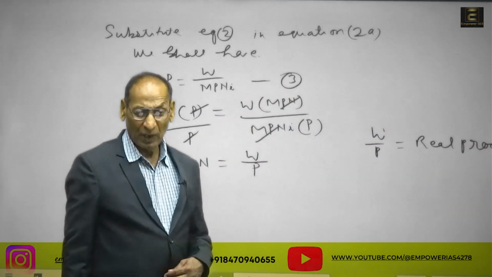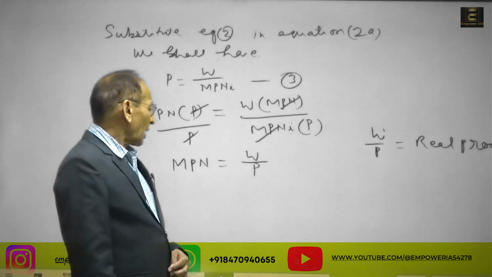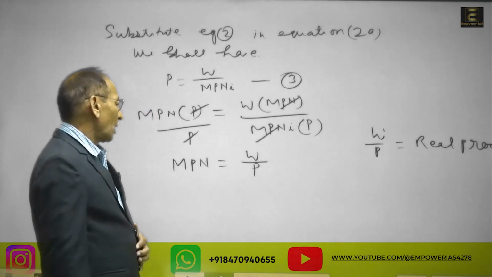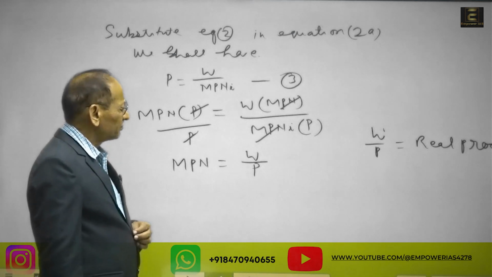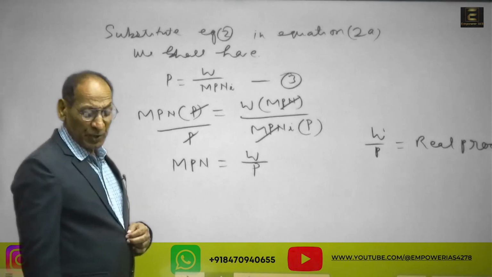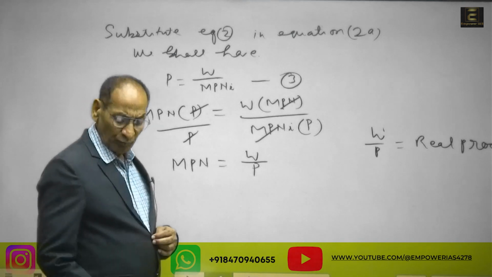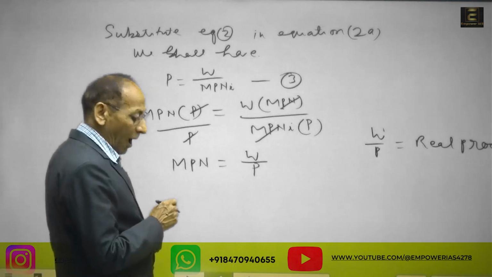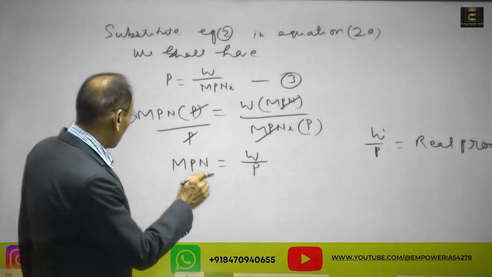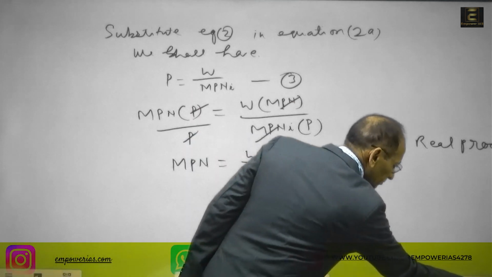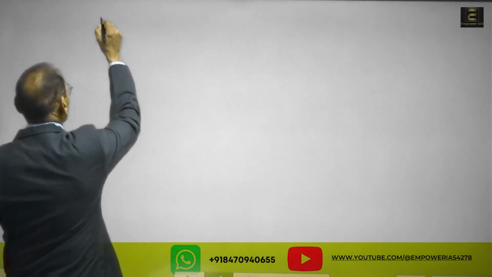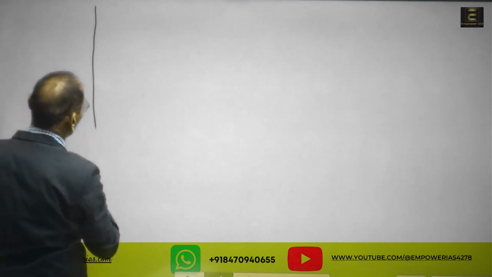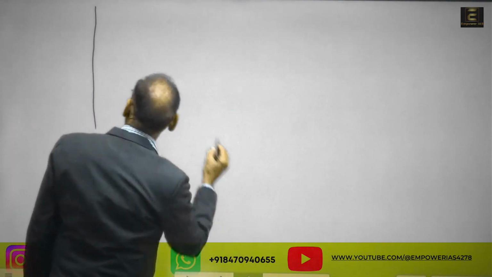Okay. This MPN is the demand curve of labor, and W by P is the real wage. Now, again with a simple diagram we can show it.